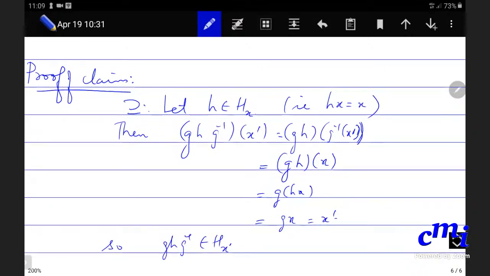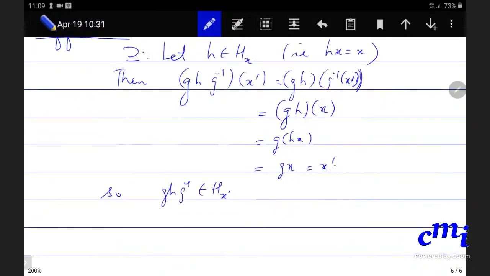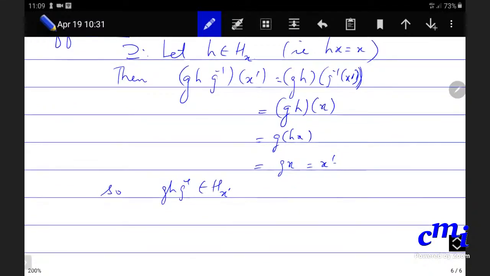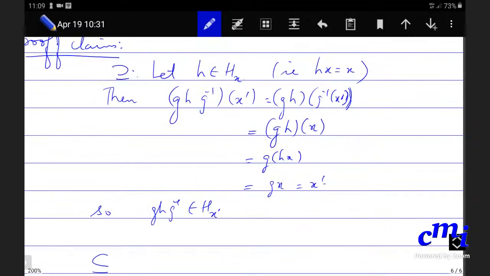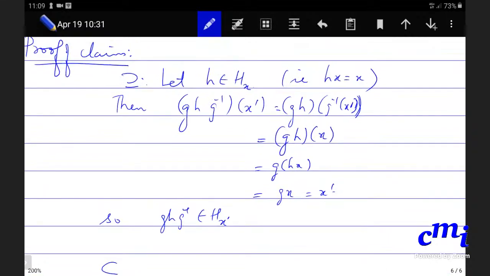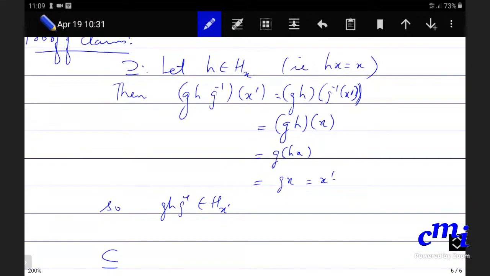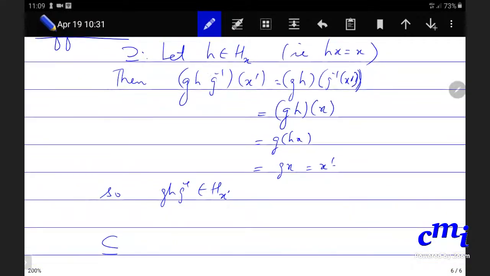So this proves this containment. Okay. So now we will not reprove the other direction. We will just allude to symmetry in the argument. So if g takes x to x prime, then g Hx g inverse is inside Hx prime.